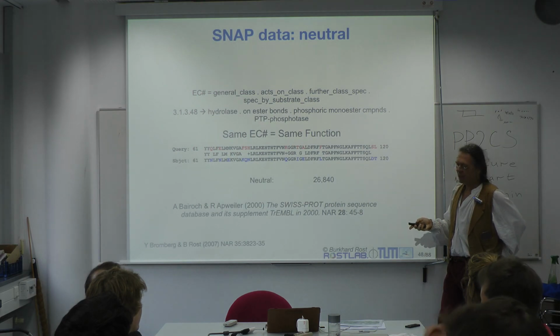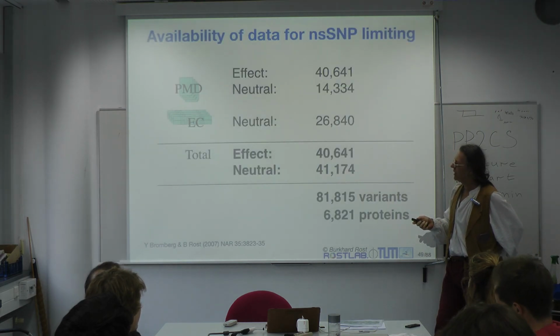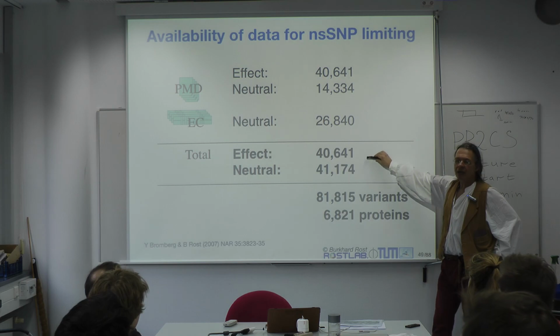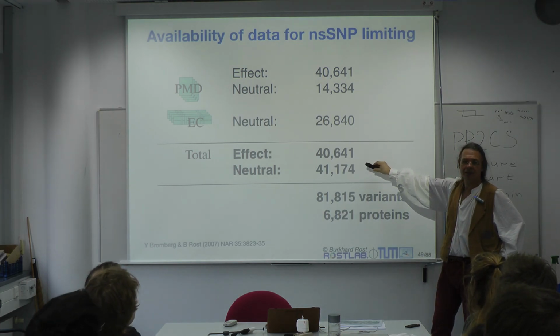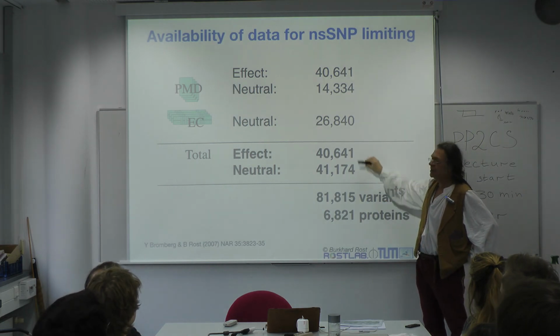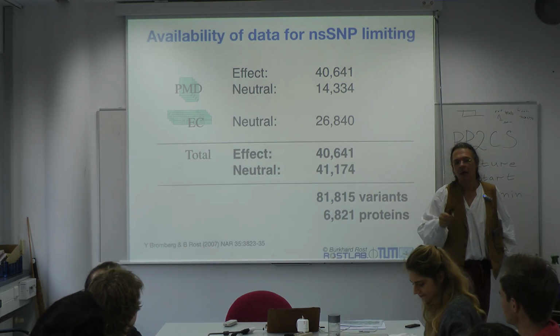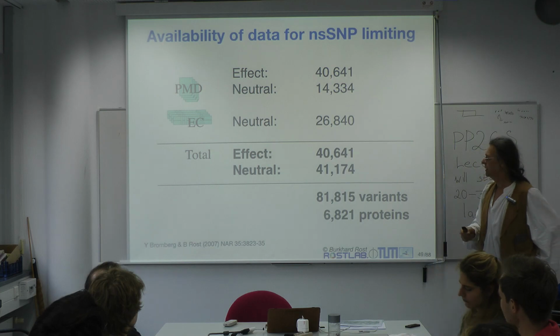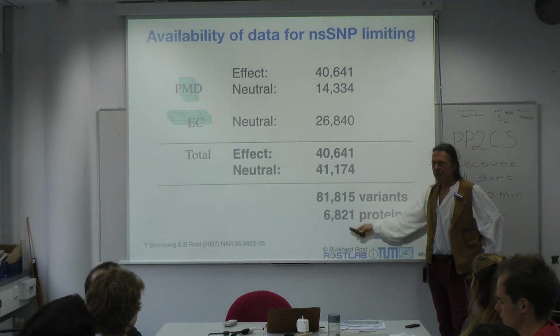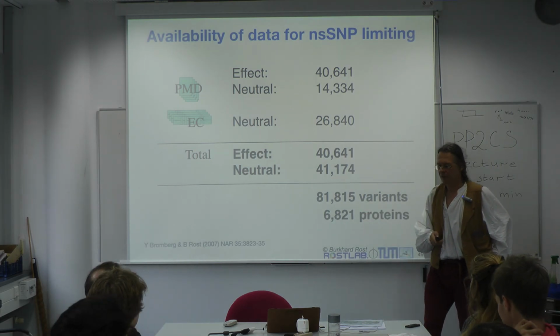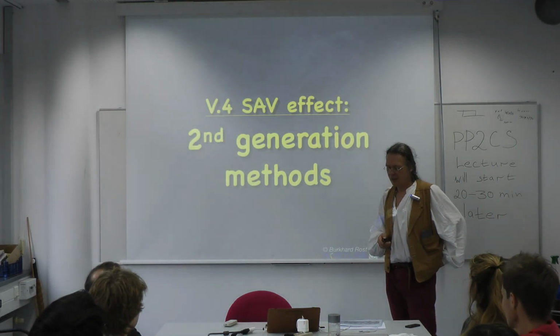And in this particular example, when we merge the data set, we can create a data set that is now roughly balanced. So we have a similar set of letter changes that have an effect and those that are neutral. And overall, this is the ballpark of accuracy that we get.